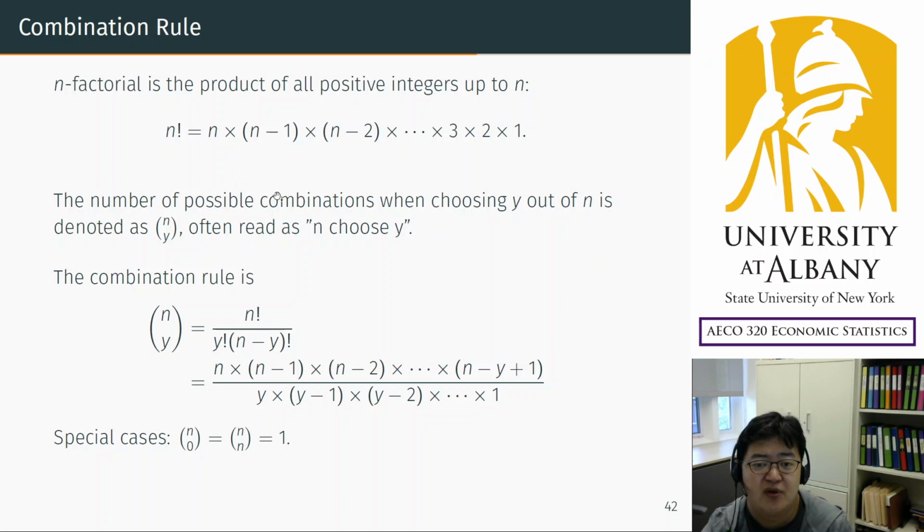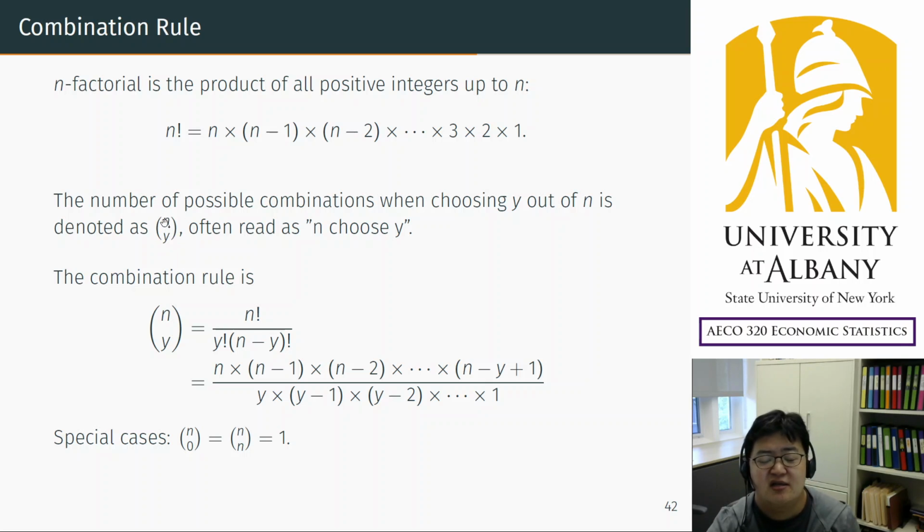And then what we actually want is the number of possible combinations when you choose y out of n. So there are n reservations, and y number of them are cancelled. Now, how many combinations are possible? That's denoted as n choose y.